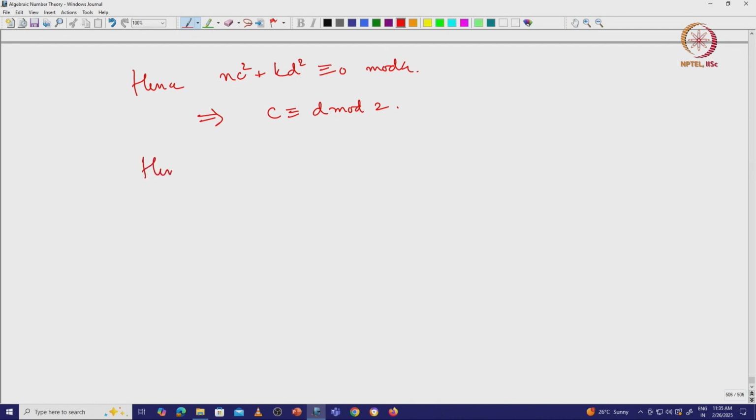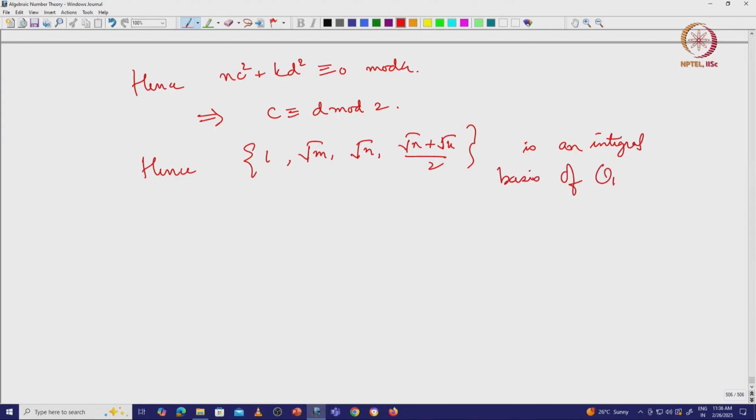So hence I can write 1 by square root of m, square root of n plus square root of k by 2, this is an integral basis of OK, right. So, this is one case that we have done now. Now, you can look at another case.